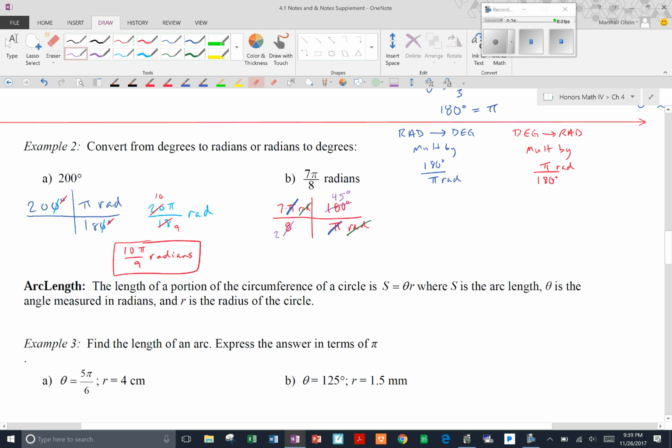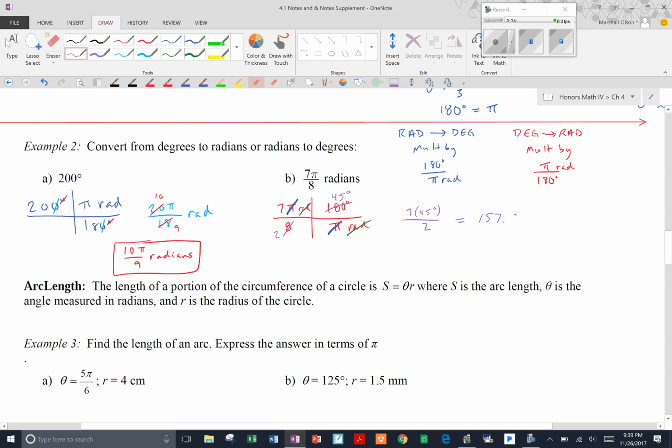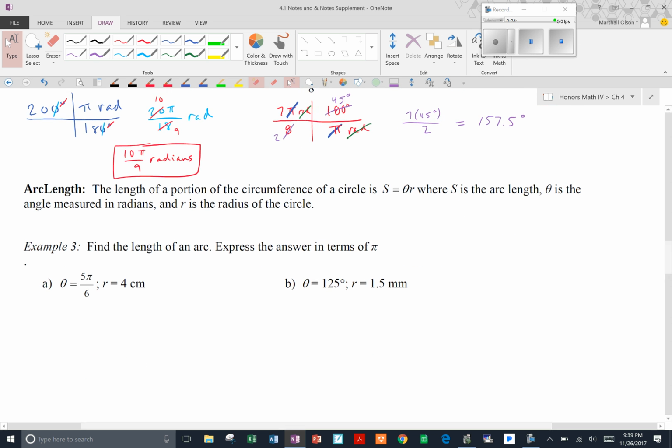So we have 7 times 45 in my numerator over 2. 7 times 45 divided by 2 is 157.5 degrees.